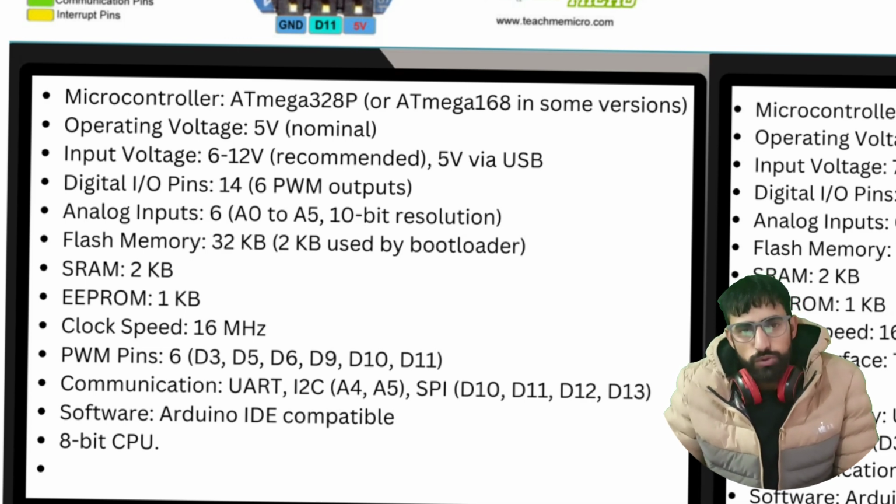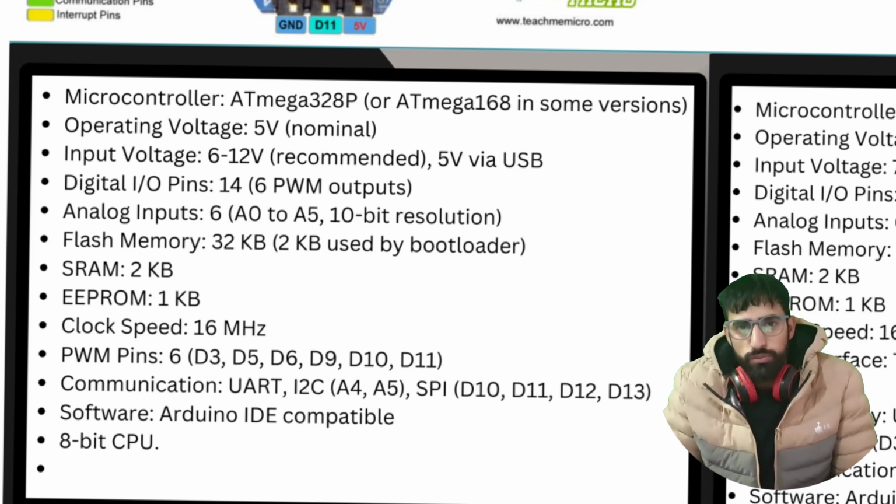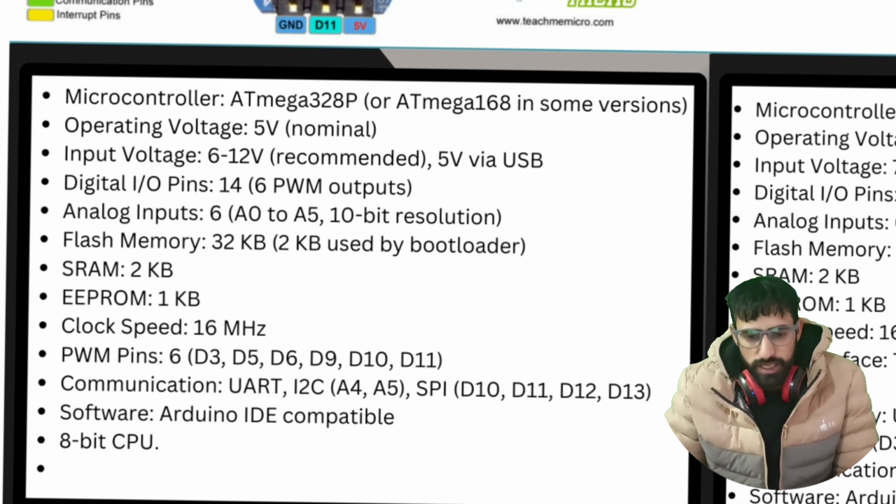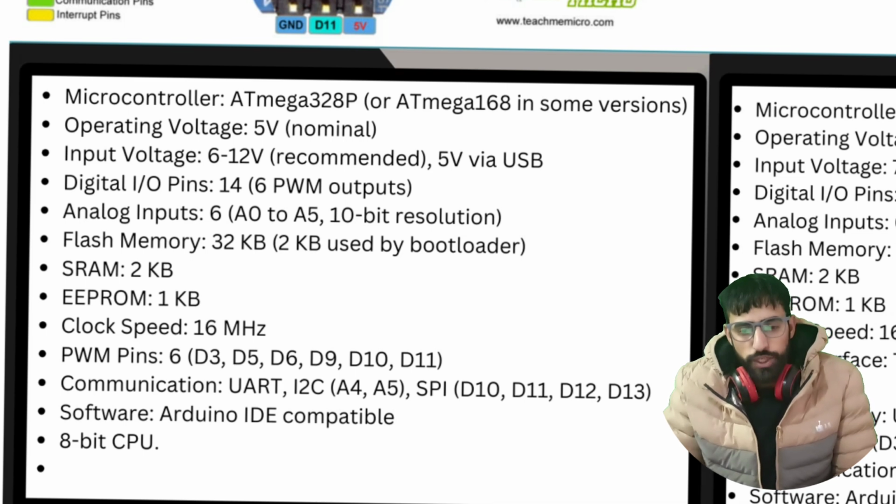Now talking about the communication protocols, on which communication protocols Arduino Nano works. It works on UART and I2C communication. In UART the pins are RX and TX, and for I2C the pins are A4 and A5. For SPI communication it supports both.